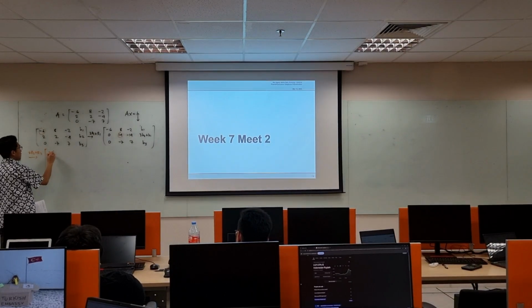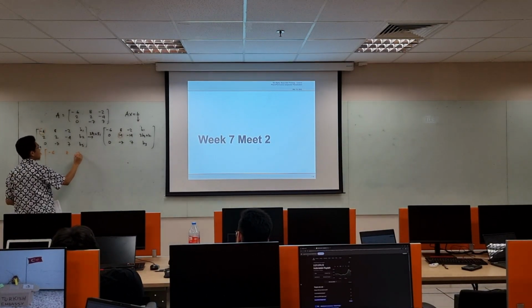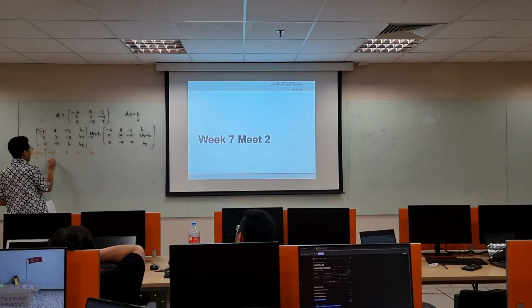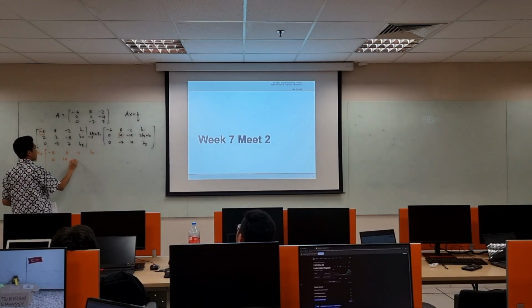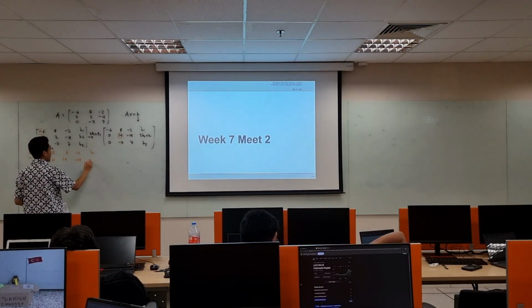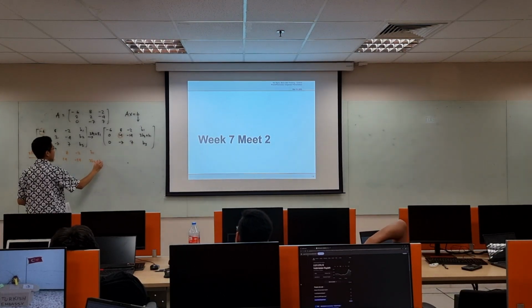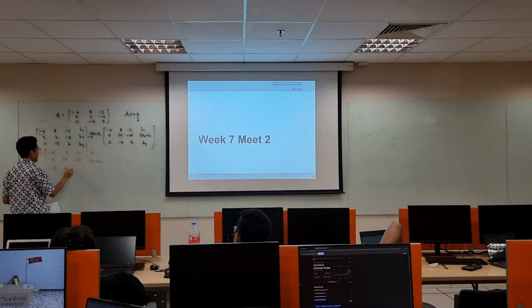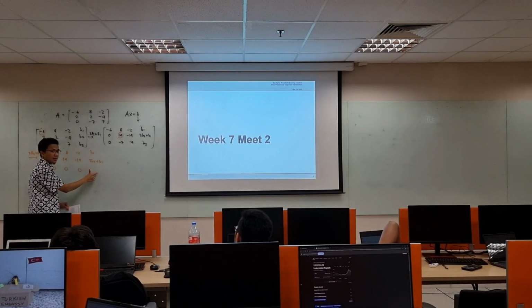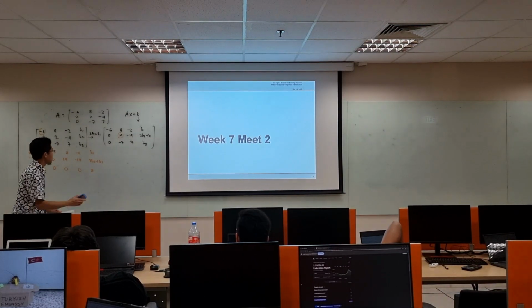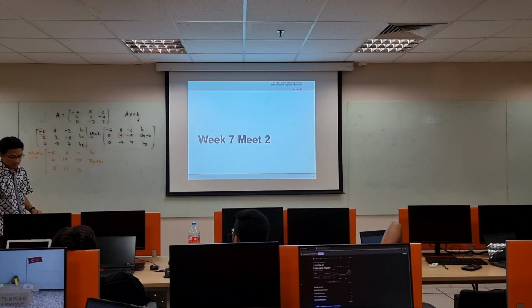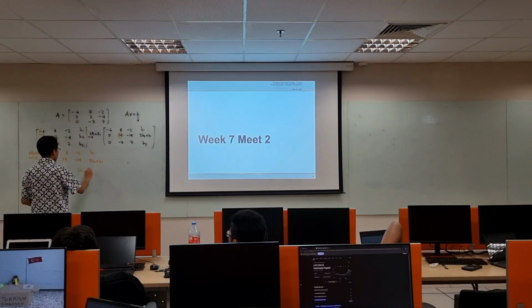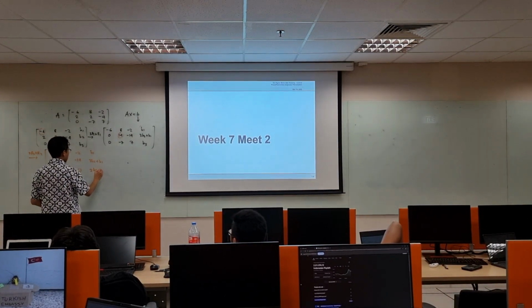And this becomes minus 6, 8, minus 2. Row 2 remains the same. And this becomes all 0 except the last element here. This is 3 times, no, not 2. Remember. 2 times b3 and then plus b2.